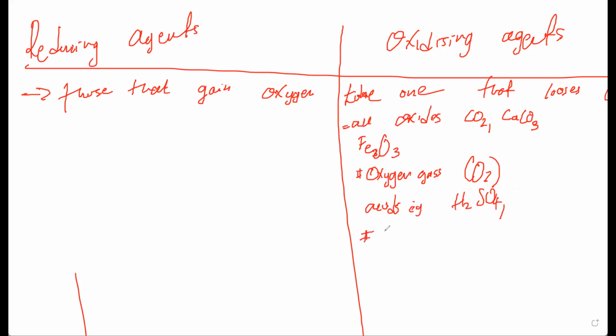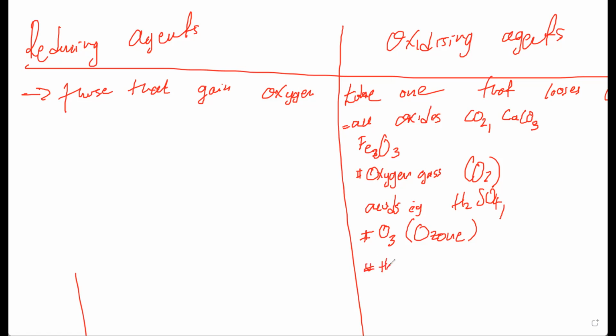We have O3. O3 is what? Ozone. We have halogens.